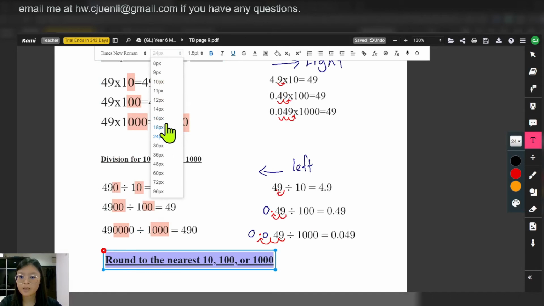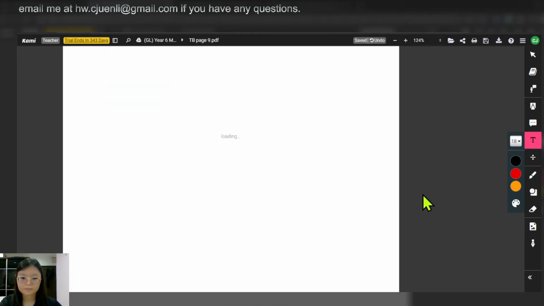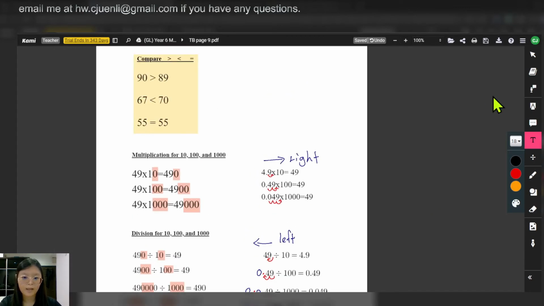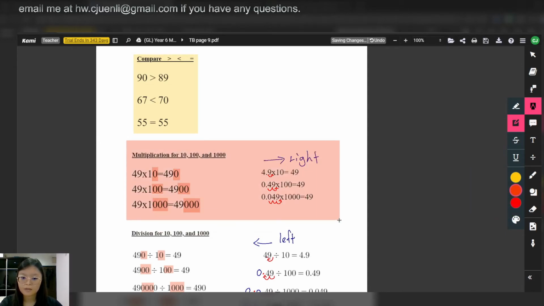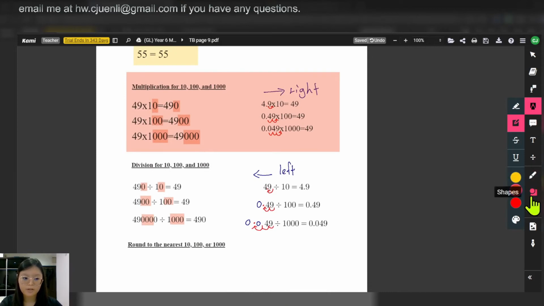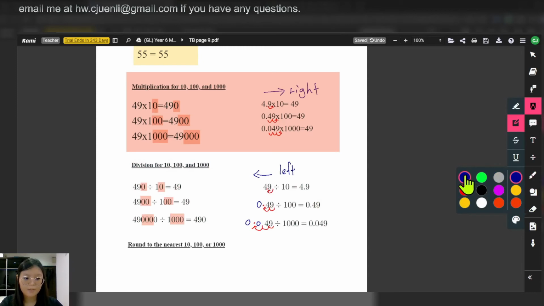Let me just make it slightly smaller so that it'll fit with the rest. And I'll put in coloring to this so that you can see the difference. Orange colored for this one, maybe red, slightly similar. Let's not choose red then. Maybe blue.